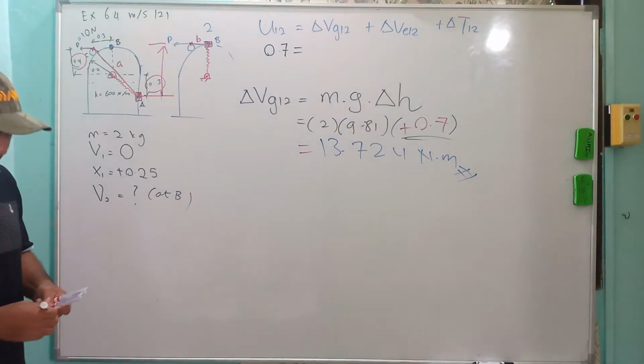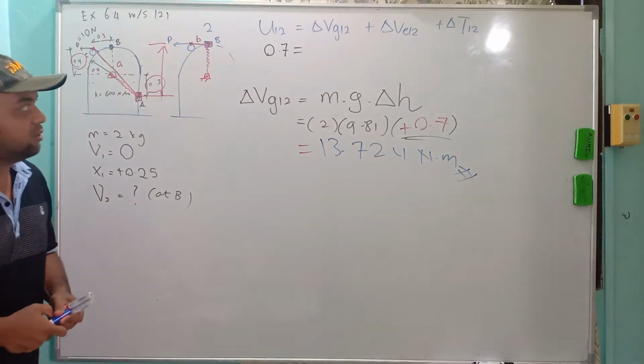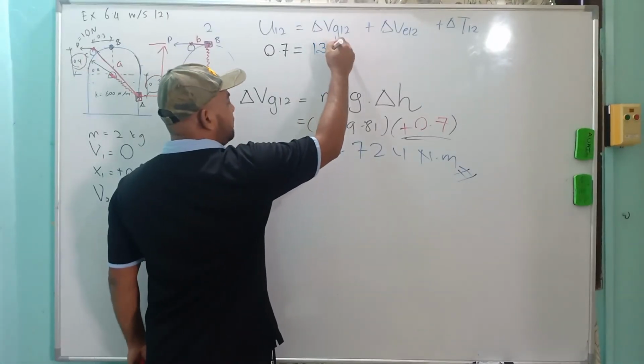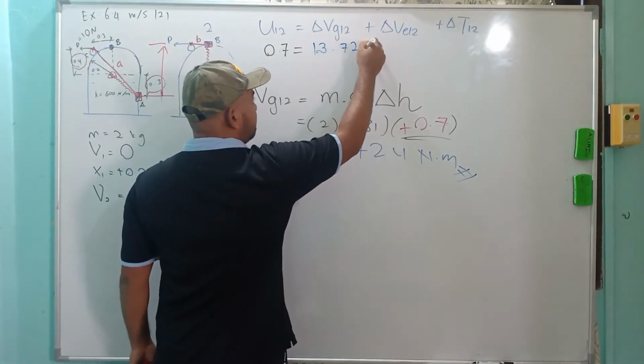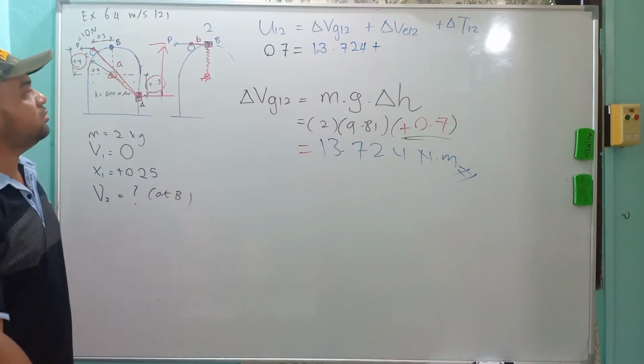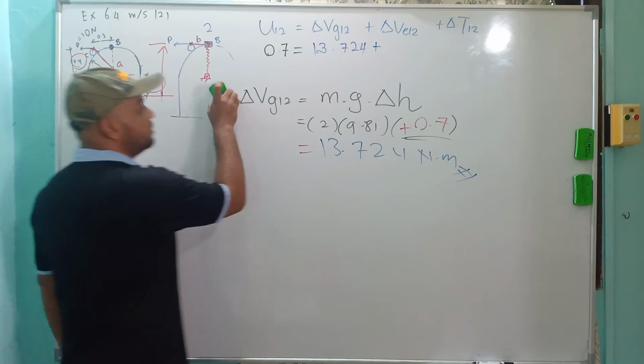Simple as that. So you have this value, just put it here, 13.724 plus. Okay, we go to the next one, delta Ve.